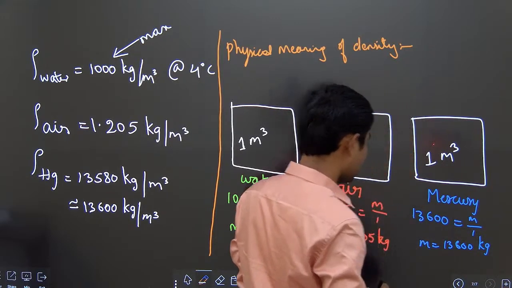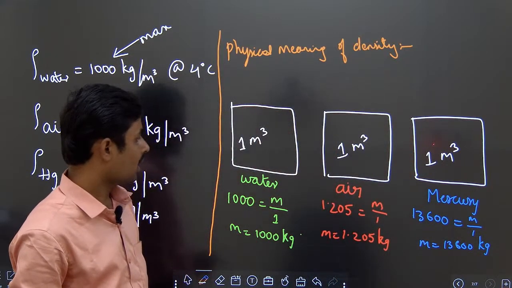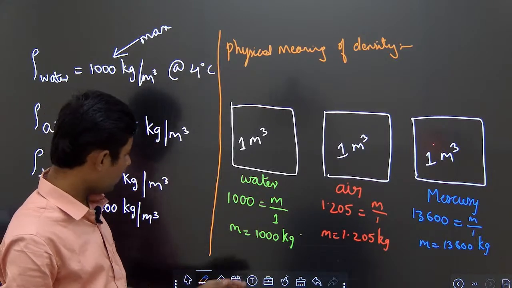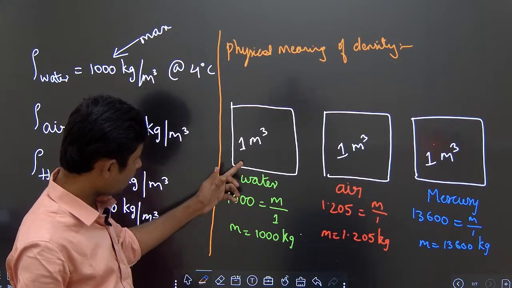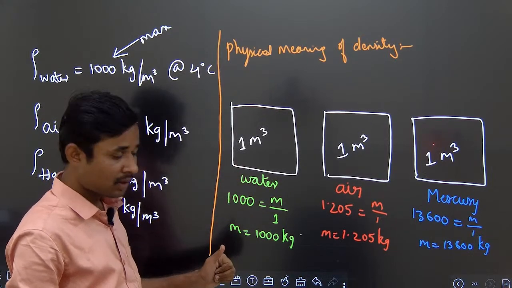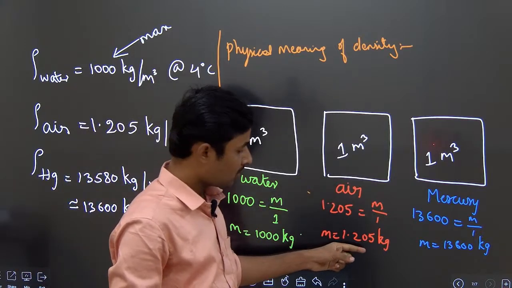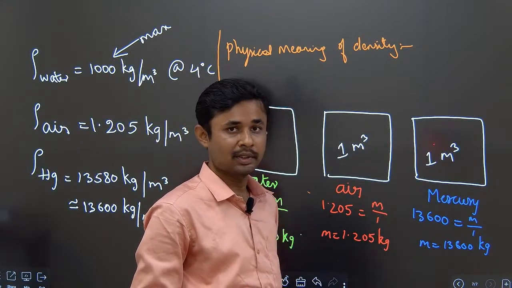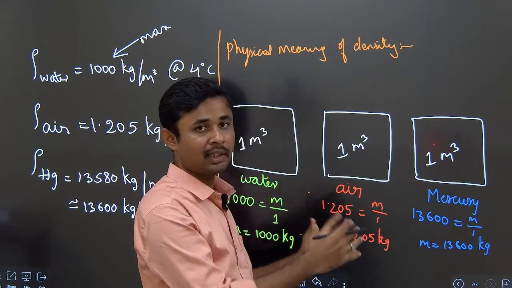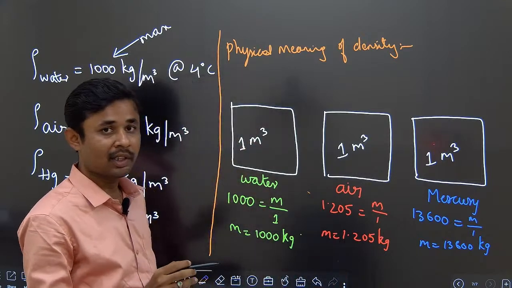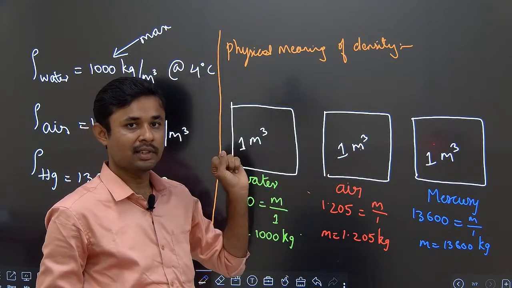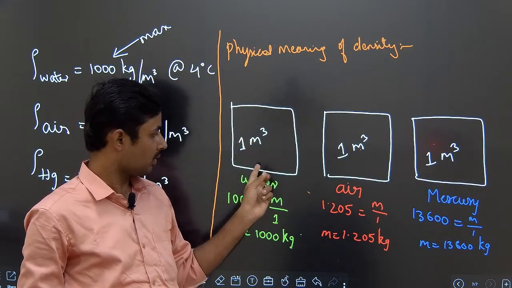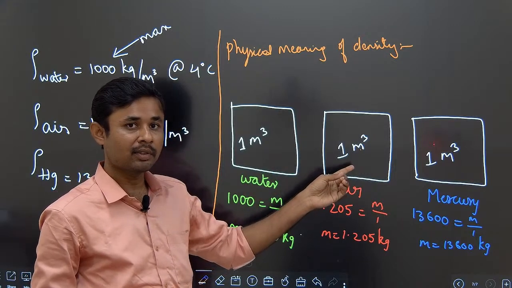Now, which container can we lift easily? We can say the water container has a weight of 1000 kg, air 1.205 kg, and mercury 13,600 kg. If we want to lift these containers, we can lift the air container very easily.